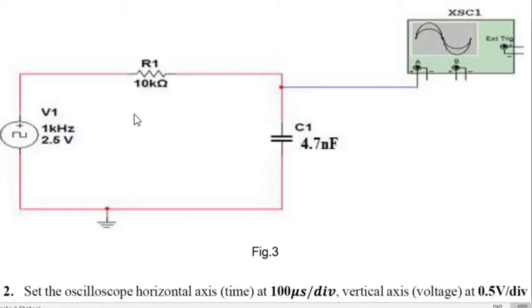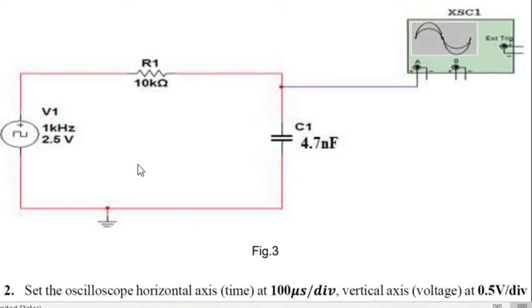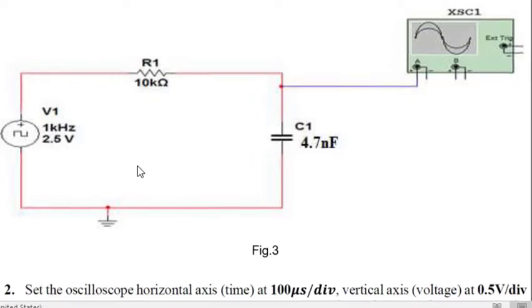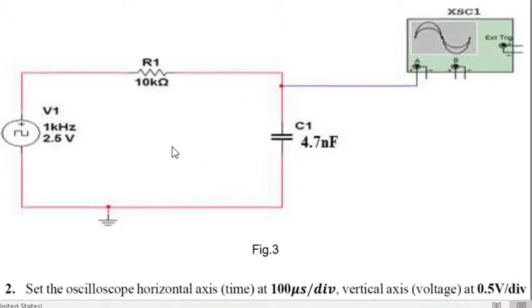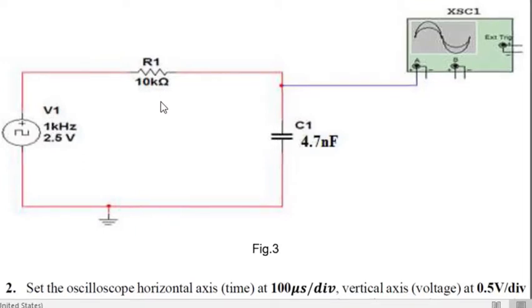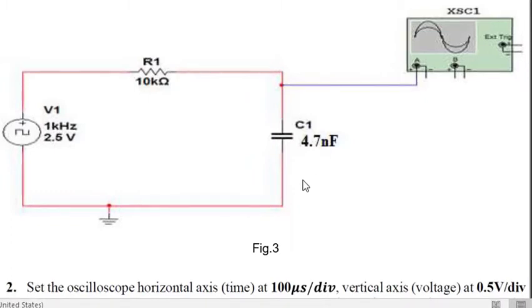This is a real circuit that we are going to design on a breadboard. We are going to use the resistor 10 kilo ohm, and we are going to use the capacitor 4.7 nanofarad. If we calculate the tau for this circuit, tau equals R times C. In this circuit, R is 10 kilo ohm times 4.7 nanofarad, equal to 47 microseconds.